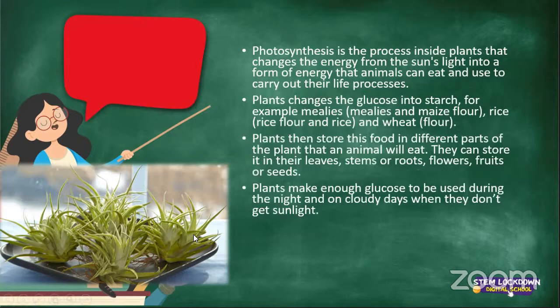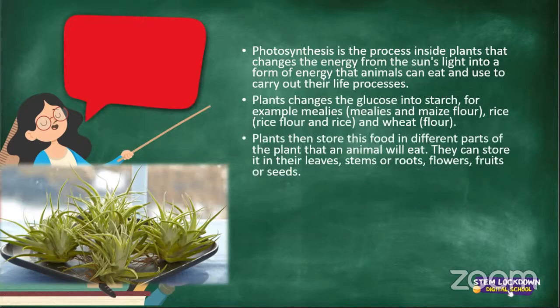They can store it in the leaves, stem or roots, flowers, fruits, or seeds. Some animals are herbivores, and herbivores eat plants. Animals eat certain parts of the plant, meaning they receive certain nutrients of the plant. Some animals would eat the leaves, others the stem, the roots, and so forth.